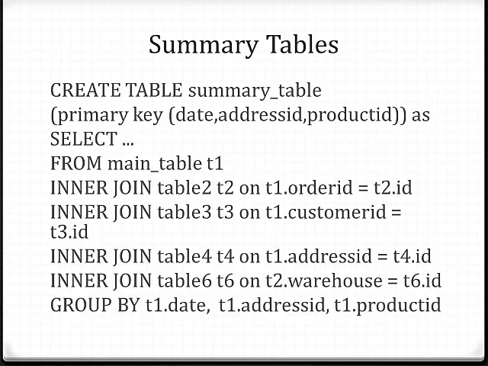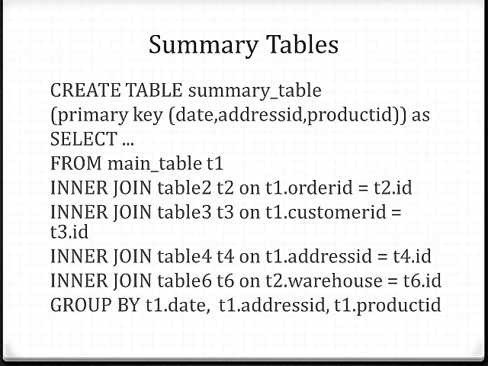So what you can do is create a table beforehand or keep it updated, and this is what I meant by intervals and off-peak hours. You can create a summary table, and here you can see the statement: you give it a primary key, then create table, select from tables 1, 2, 3, 4, and 6, and you group by these variables.